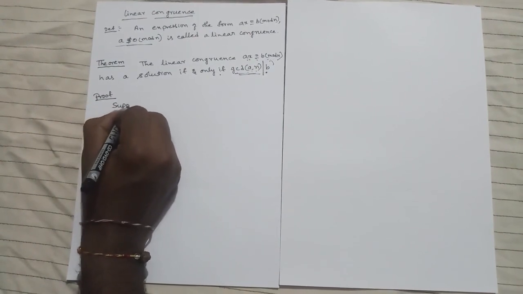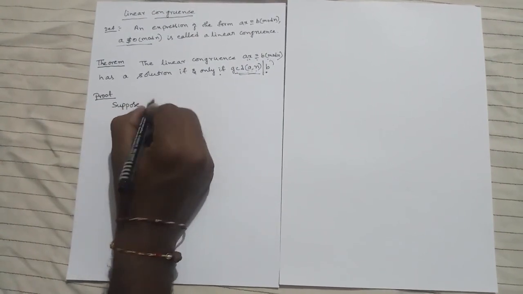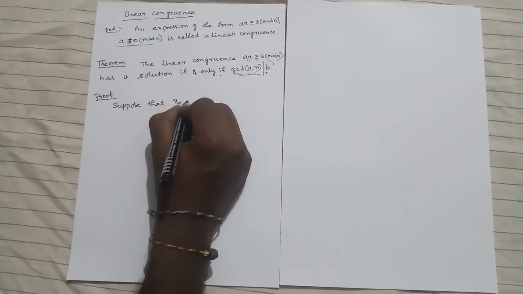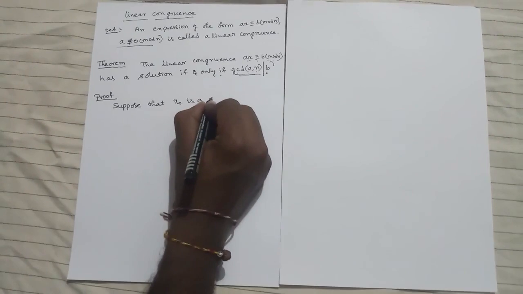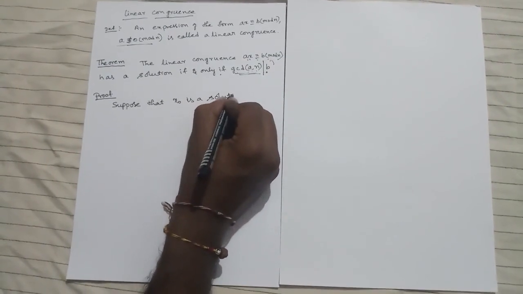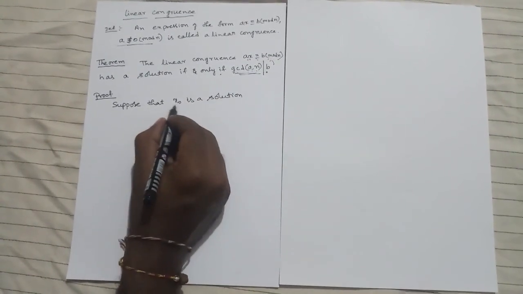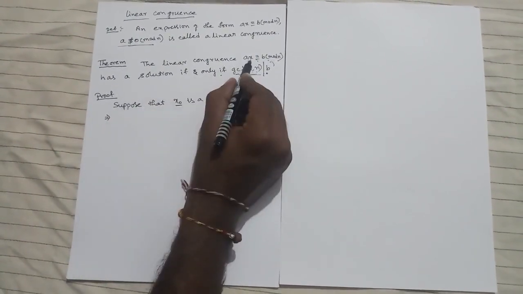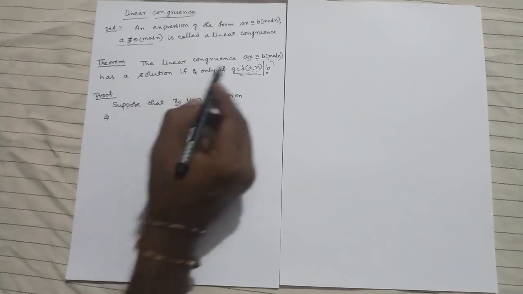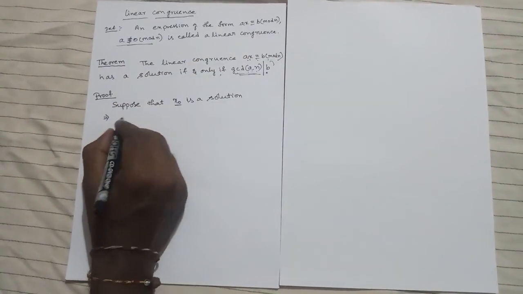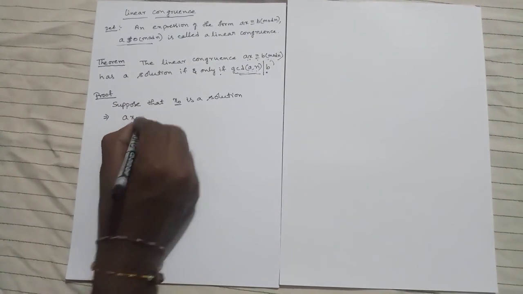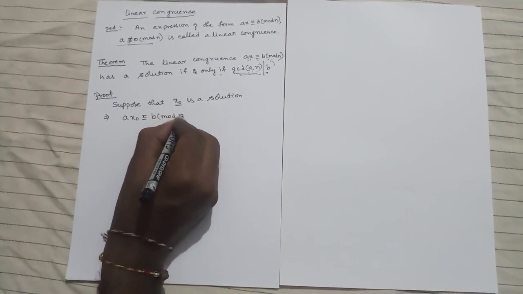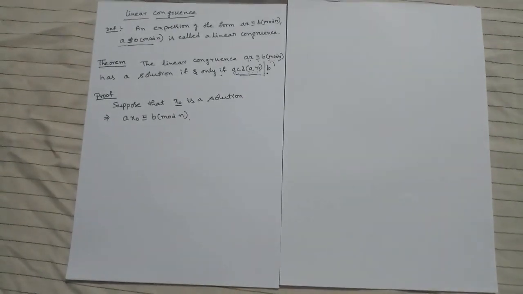Suppose that I take x naught is a solution. So from the congruence definition, a x naught is congruent to b mod n.